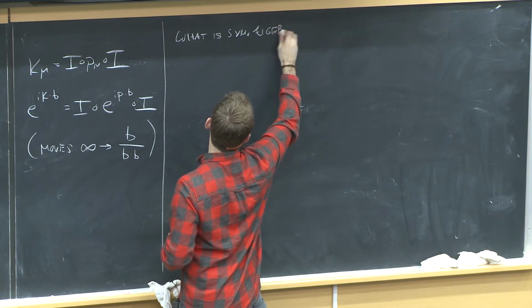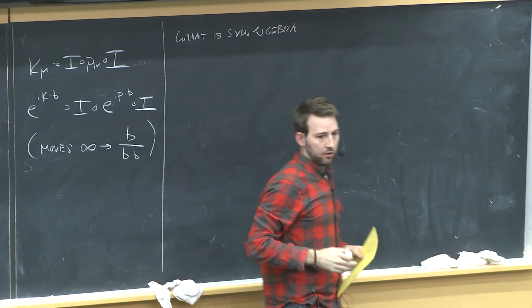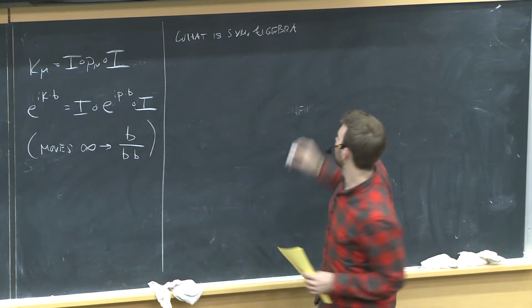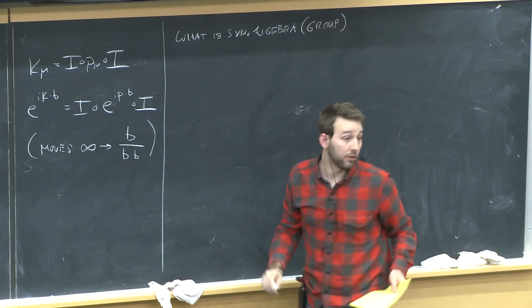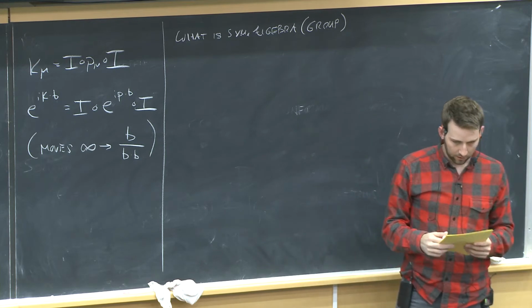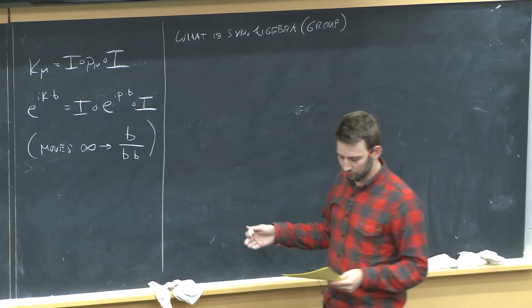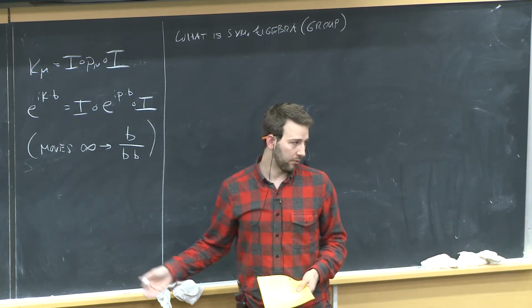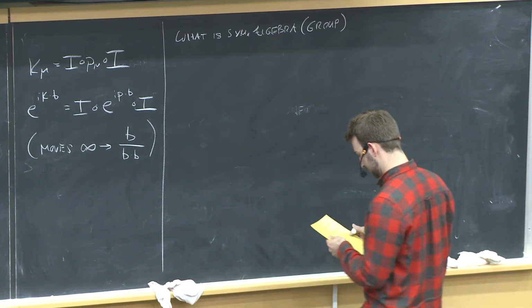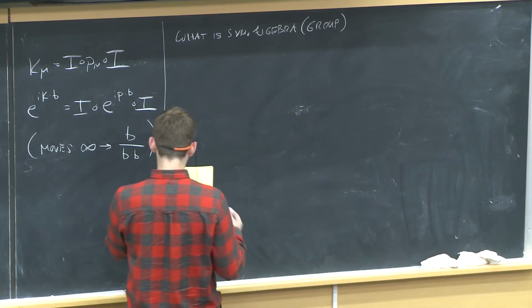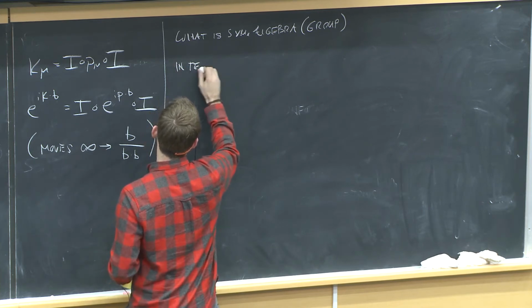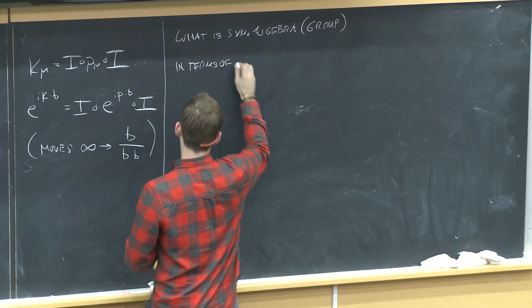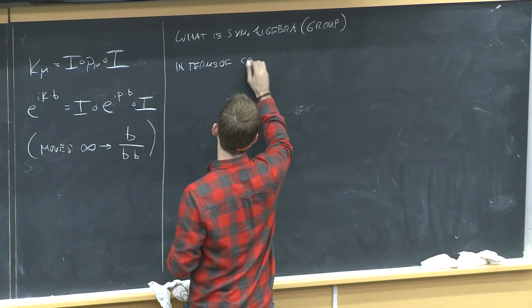So we have a bunch of diffeomorphisms, or algebra or group, depending on whether we're looking at the infinitesimal or the finite versions. We have a bunch of these vector fields. Correspondingly, we have a bunch of charges. We can ask what the algebra of these things is. So I'm going to phrase this in terms of conserved charges.